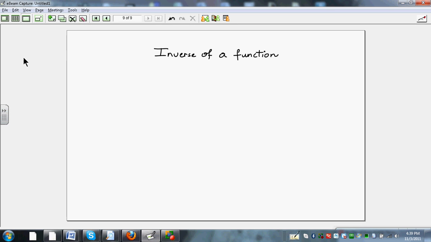The inverse of a function is that function that takes a y value obtained from the original function and maps it back to the x value that it came from. Full stop.